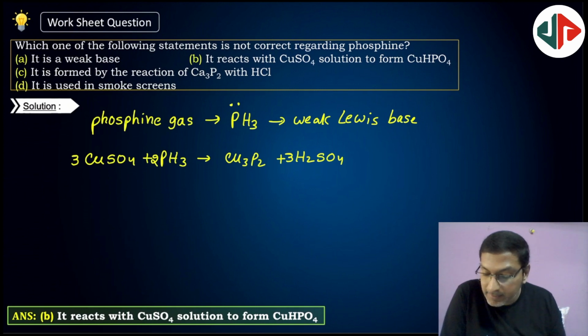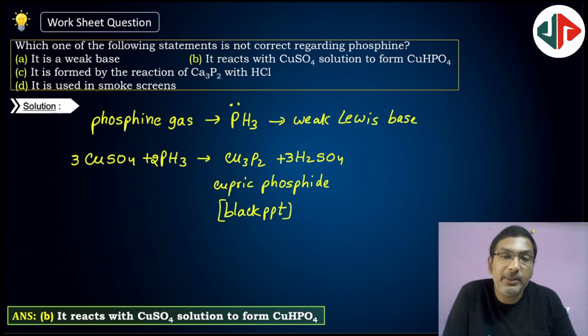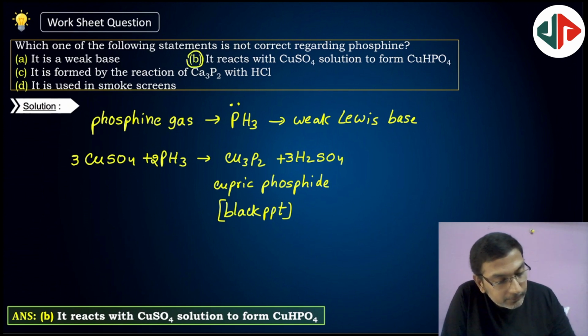So which forms cupric phosphide, which is black PPT. It will be formed when phosphine reacts with copper sulfate. So therefore B is wrong, not correct.